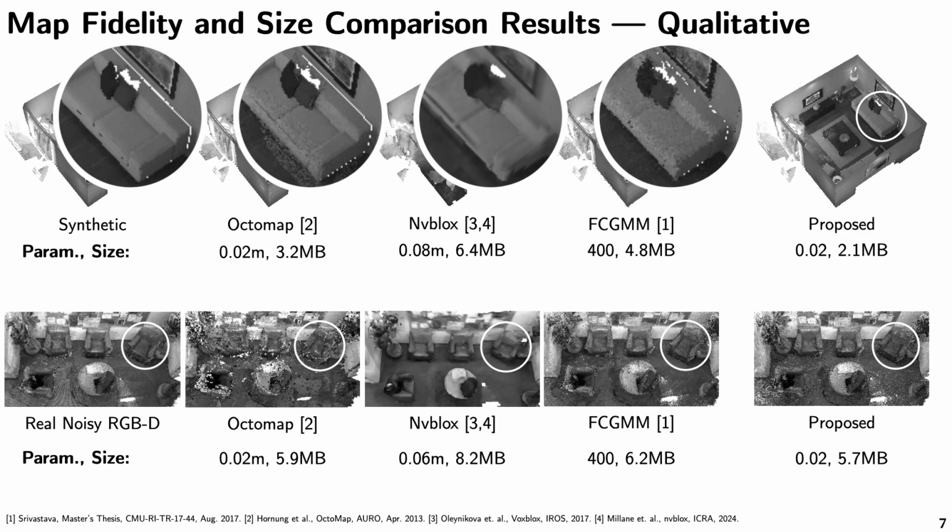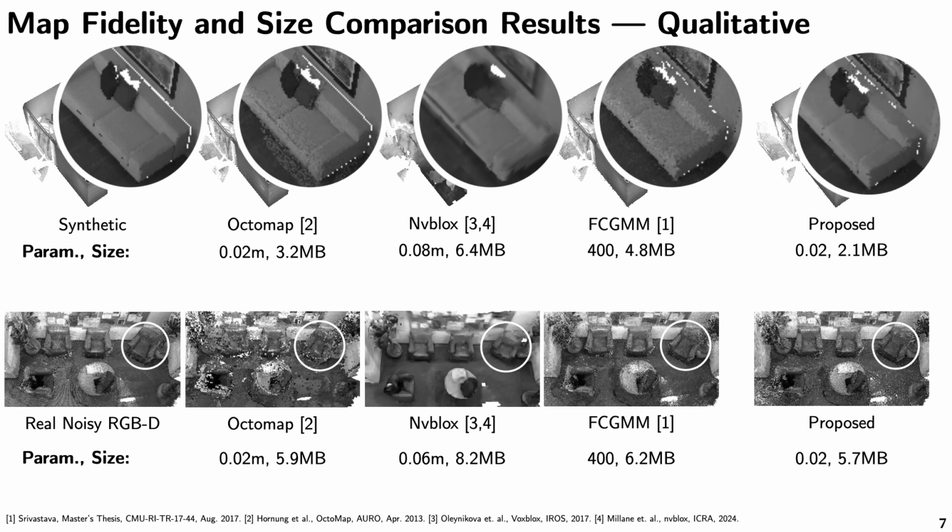FCGMM also provides a noisy output because it is fixed. It uses the fixed number of components for every region in the environment, while the proposed approach demonstrably provides better output. These parameters have been chosen so that the map size of the approaches is comparable.